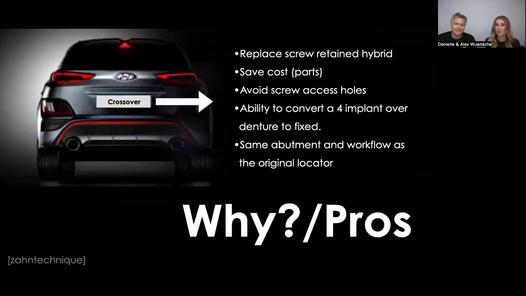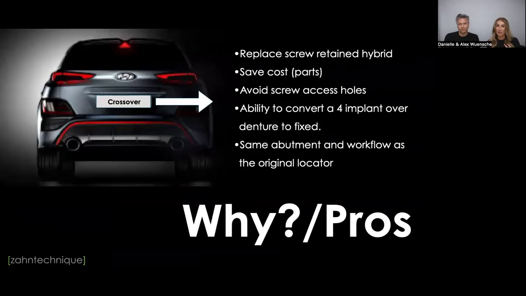So here we're looking at the why and the pros, and then we'll cover the cons as well. I think one of the big parts is that it's saving cost because of the parts needed for the specific restoration. Then you're avoiding the screw access holes, which is easier and less time consuming. You are also able to convert a 4 implant overdenture into a fixed denture.